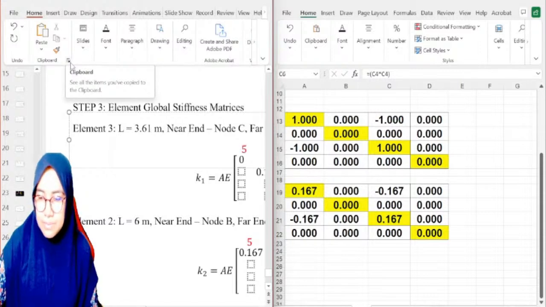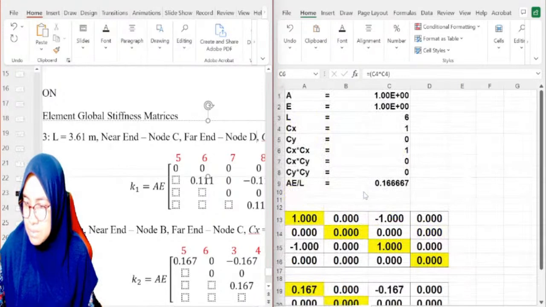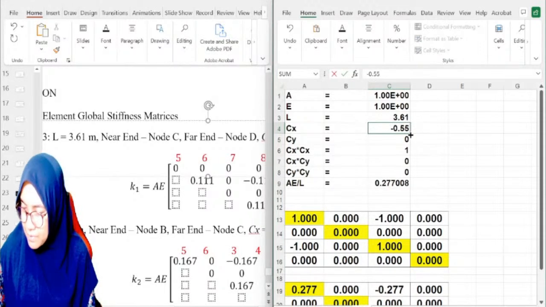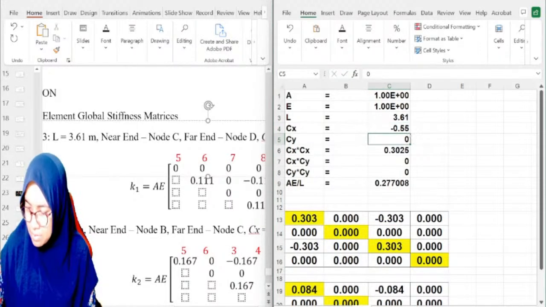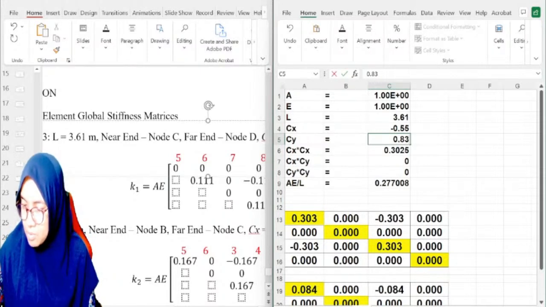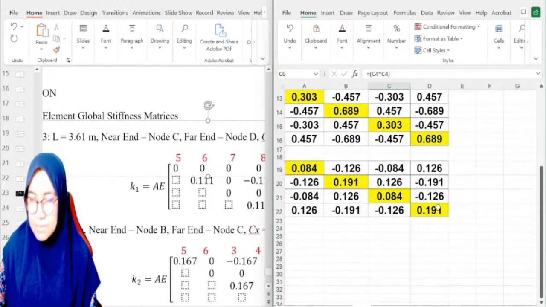So it is 3.61, negative 0.55, and 0.81. Sorry, 0.83. So we get this.